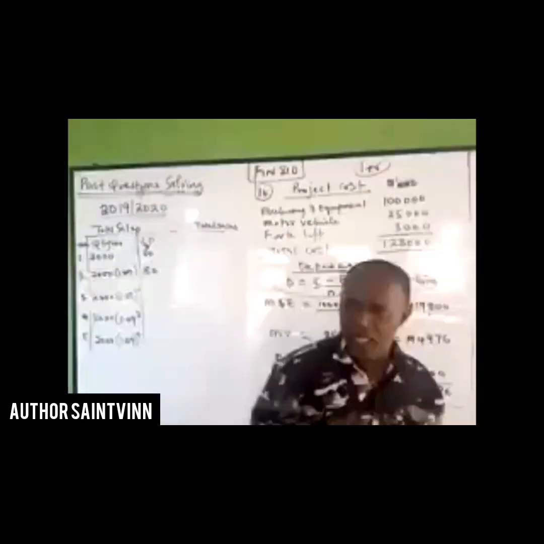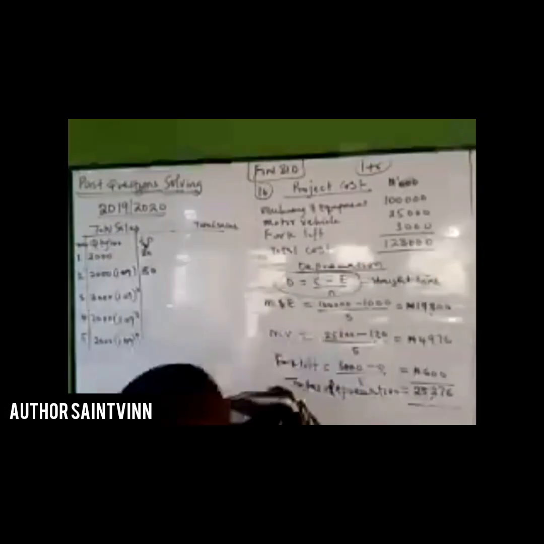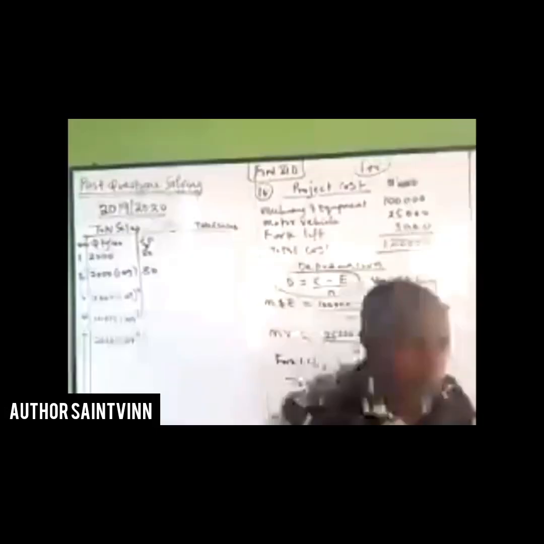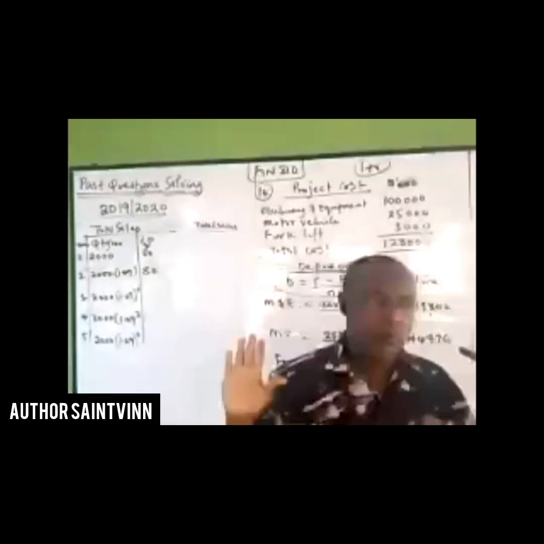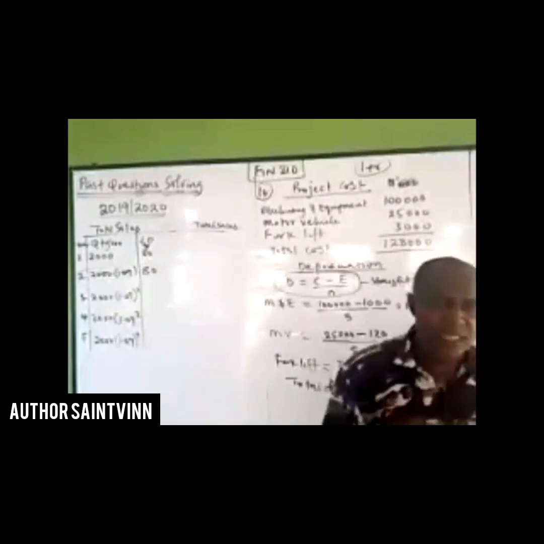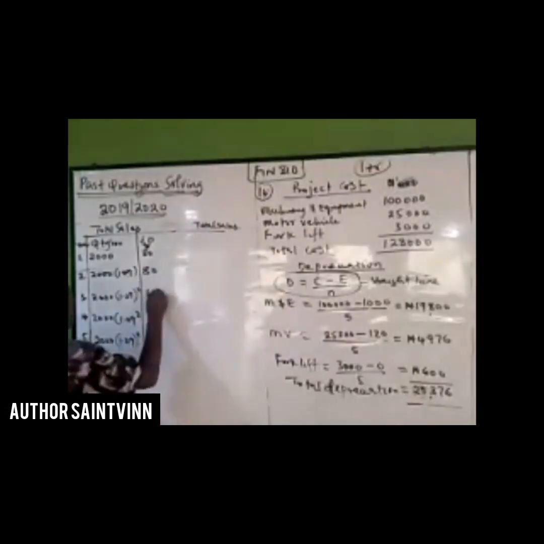It can't decrease because we want to get an interest. Any interest means your money will go up. So it's always 1 plus R for increase, but if it's decrease, it will be 1 minus R. So that is what you should understand, because doing it the long way is a waste of time.